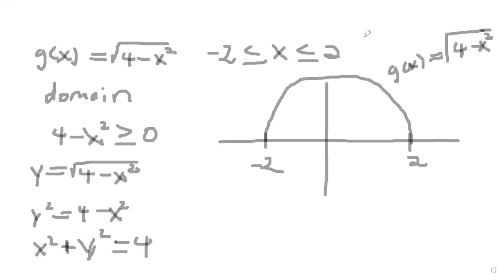The domain in interval notation is, of course, from negative 2 to 2, including those endpoints.